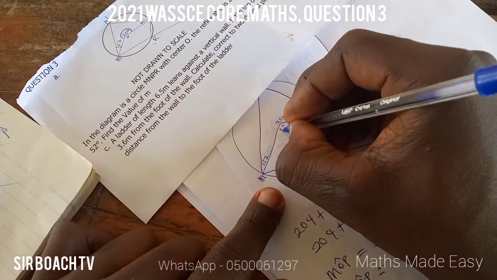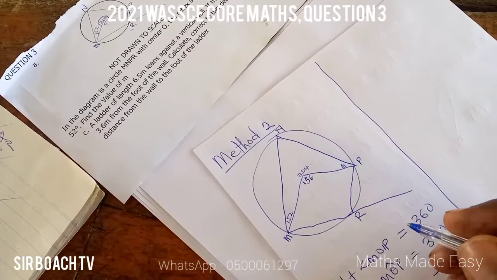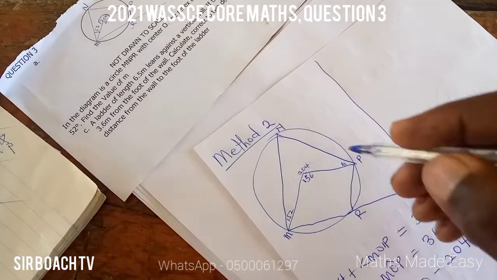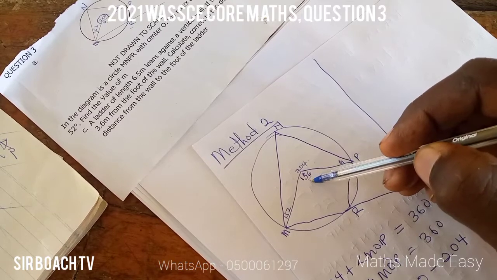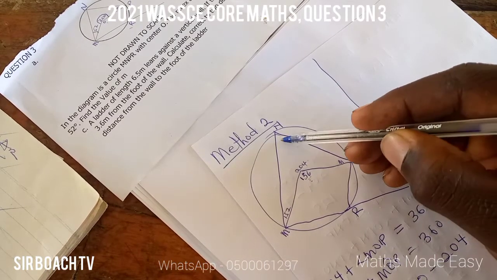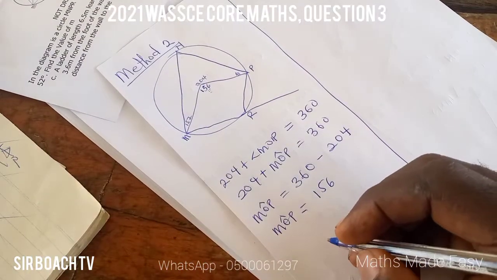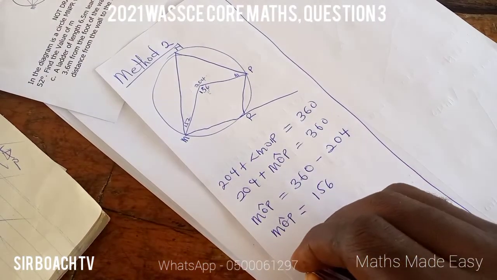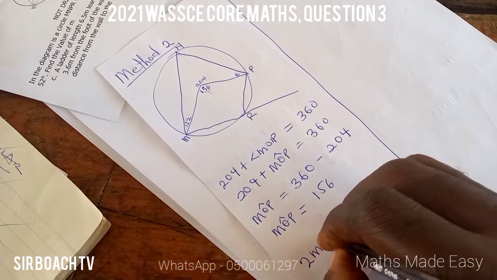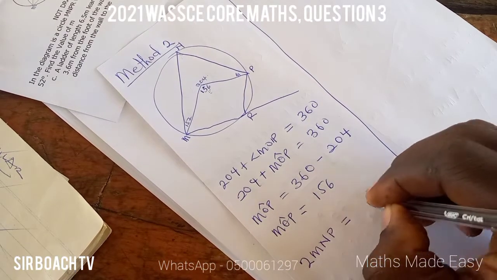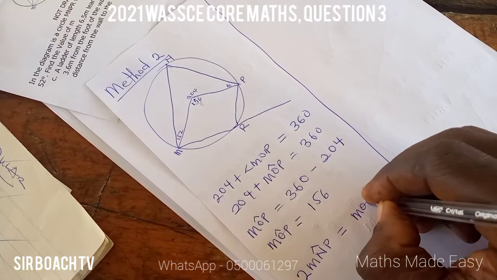So the angle here is 156. Now, from the circle theorem, the angle at the center is twice the angle at the circumference. So if we know this to be 156, we can get this angle through this one. So 2 of angle MNP is equal to angle MOP.